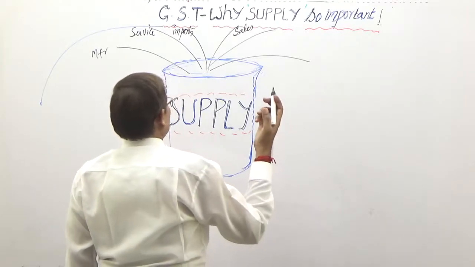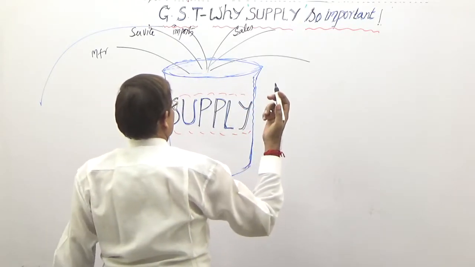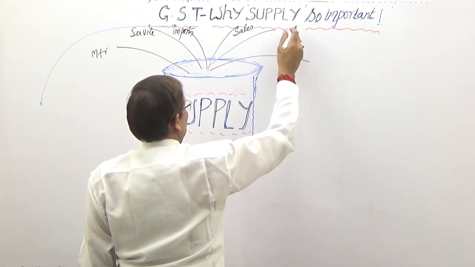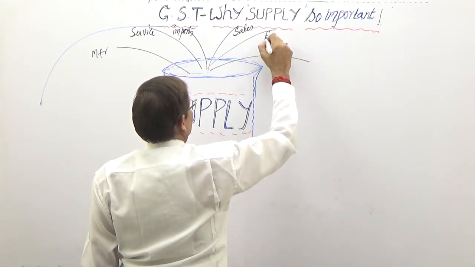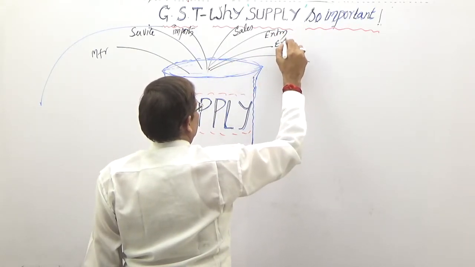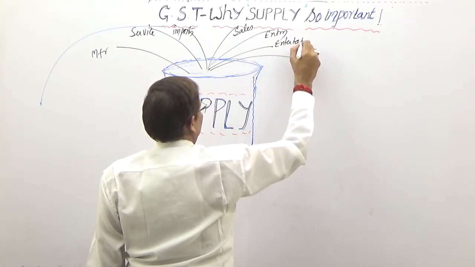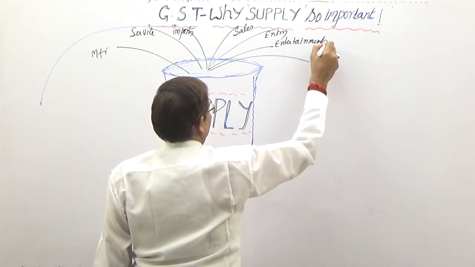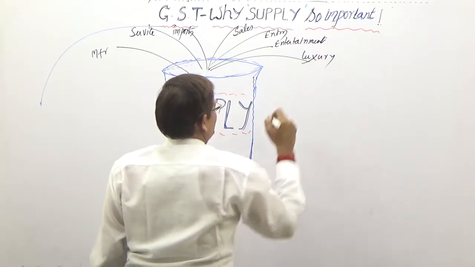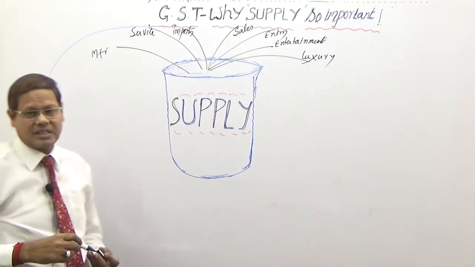Similarly, under state government laws, entry is a taxable event, entertainment is a taxable event, luxury is a taxable event, purchase is a taxable event. Like this, so many taxable events.